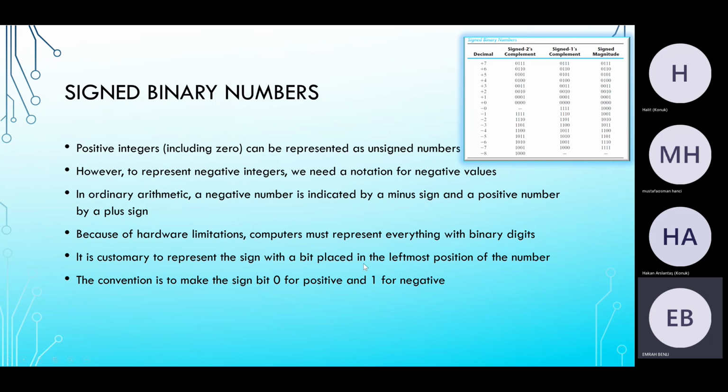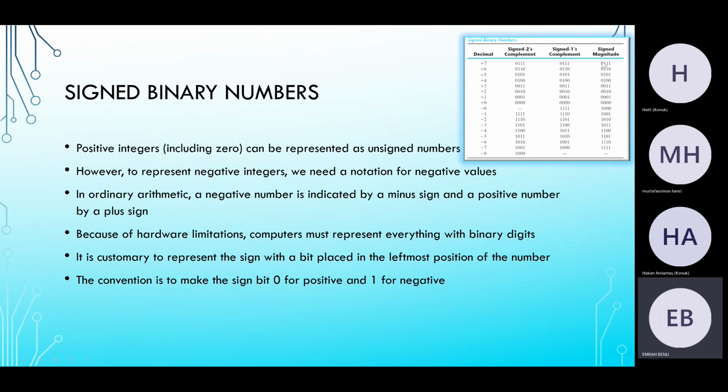So what we are doing here is representing the sign with a bit placed in the leftmost position of the number. The method is, the sign bit is 0 for positive numbers and 1 for negative numbers. In the table, you can see for 7, we need 3 digits, 1, 1, 1, so a 3-digit number is enough.